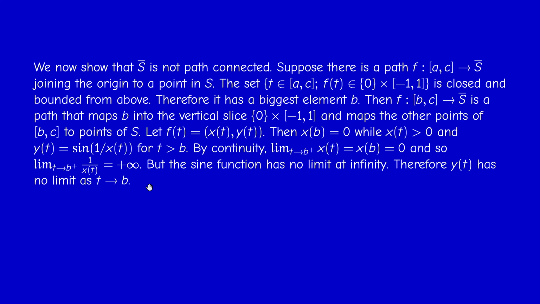Therefore, Y of t has no limit as t tends to B, with t less than B, from the left. However, since Y is continuous, it must possess a limit. So this is a contradiction. Therefore, our original assumption that there is a path joining (0, 0) to an element in S does not hold. Okay, so S bar is not path connected.